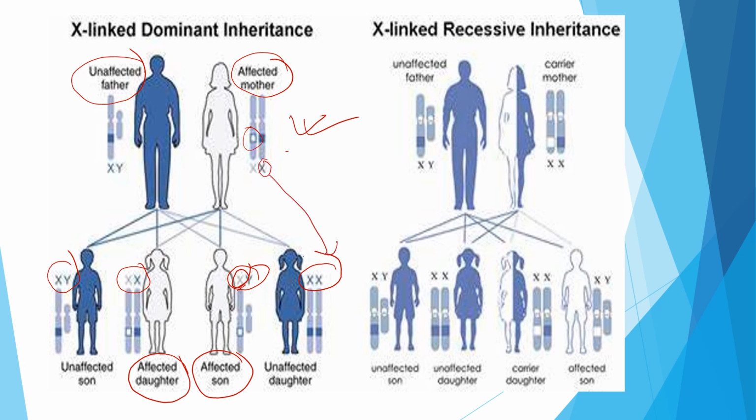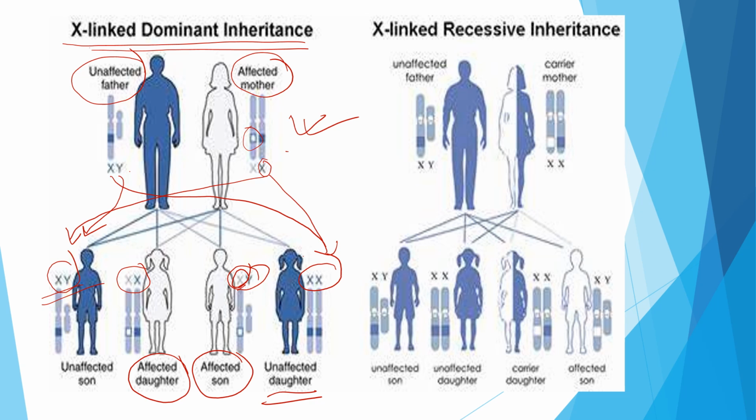So this is the unaffected daughter. And this unaffected son has got the unaffected X from mother and obviously Y from father. So this son is also unaffected. So this is how the traits are carried on to the next generation. This is X-linked dominant inheritance.